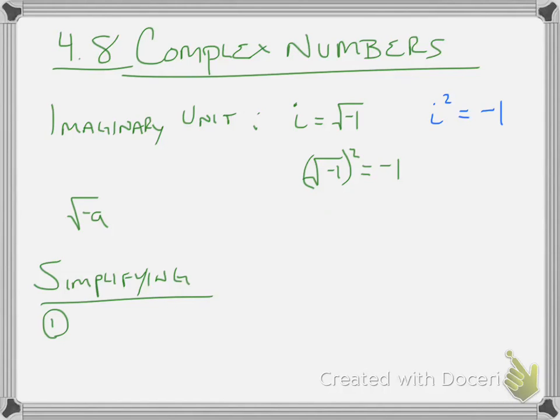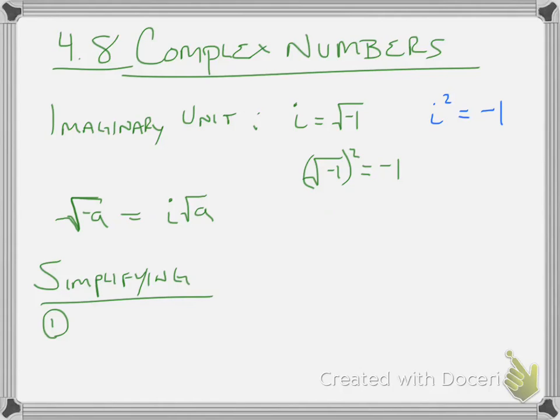So when I have a square root of a negative number, now I'm going to be able to simplify that. You're going to simplify it the same way you would simplify a regular square root, except you're going to bring out an i from the radical. So the square root of -a is going to equal i times the square root of a, and then you'd have to simplify that square root.